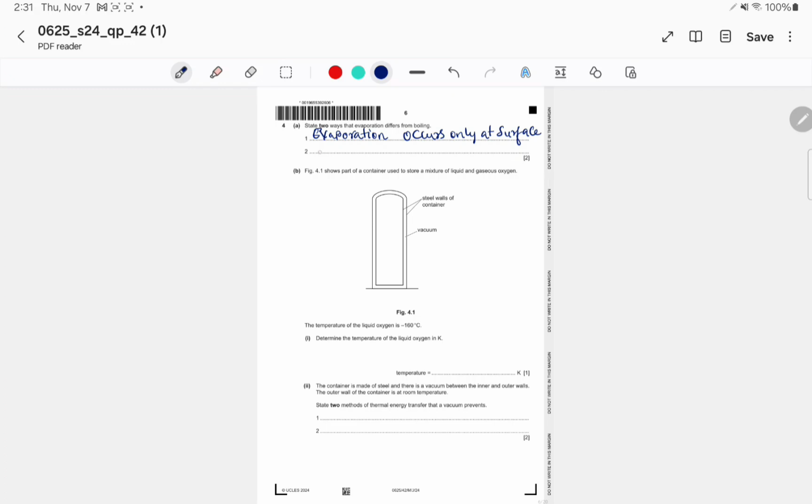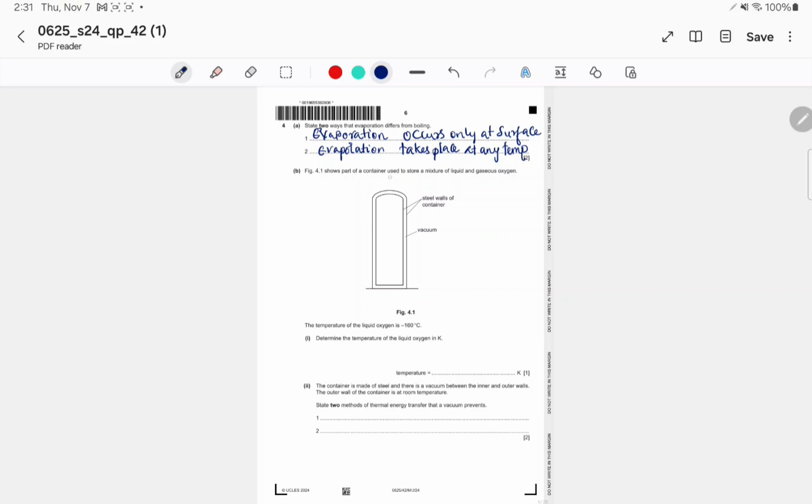And evaporation takes place at any temperature, whereas boiling happens at a particular temperature. These are the differences. Next question, B part.